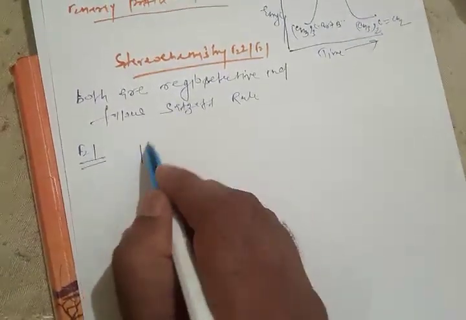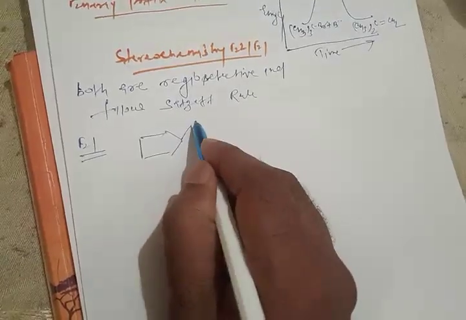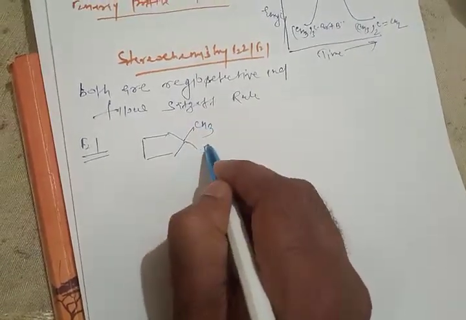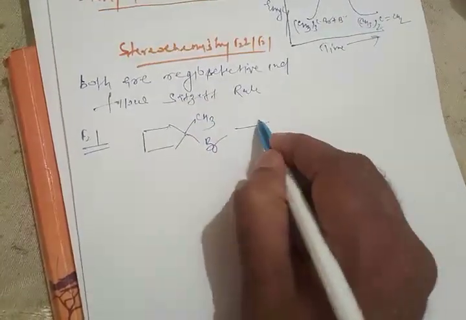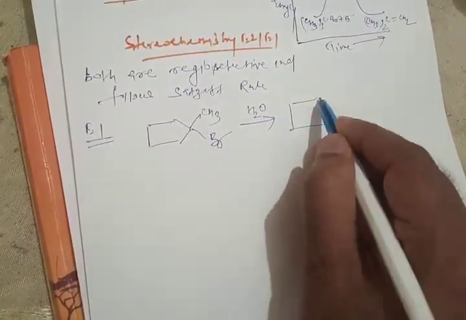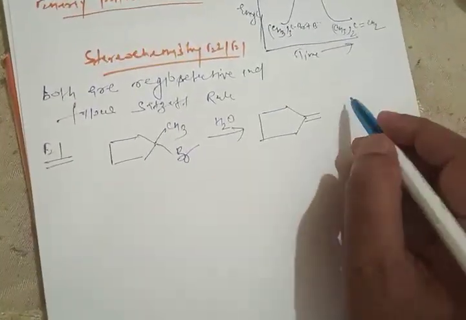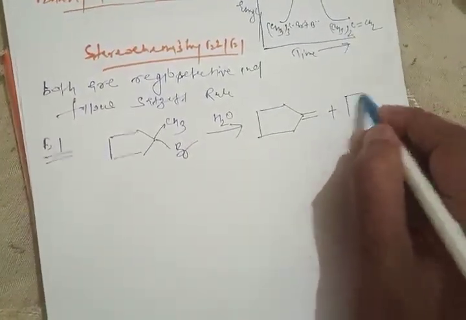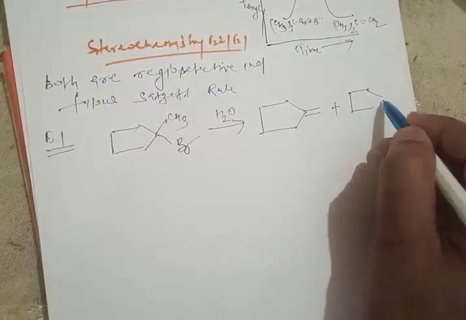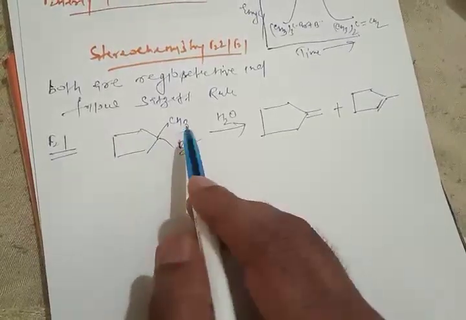Even if you have a compound like this, CH3 and Br, and here is the water, for the product you have two choices, one is this and the other is this, with the double bond in different positions.